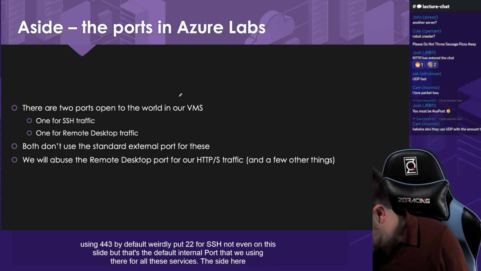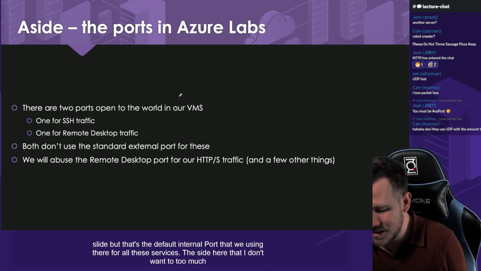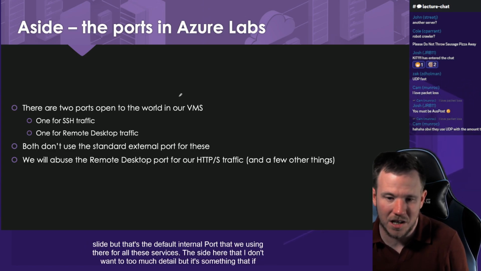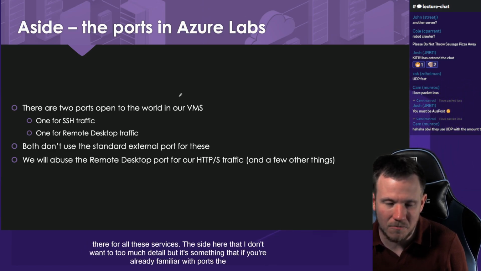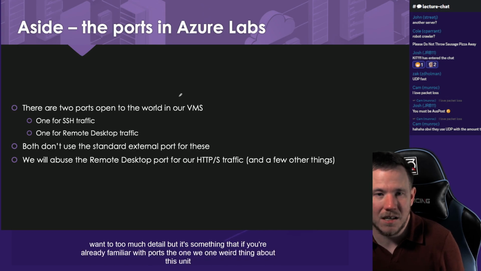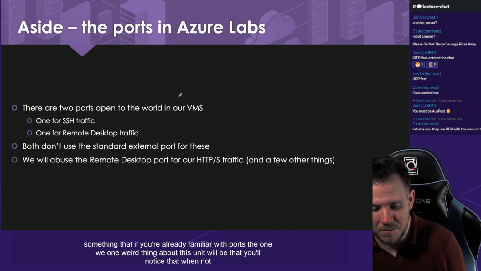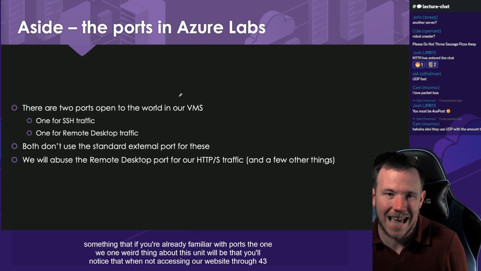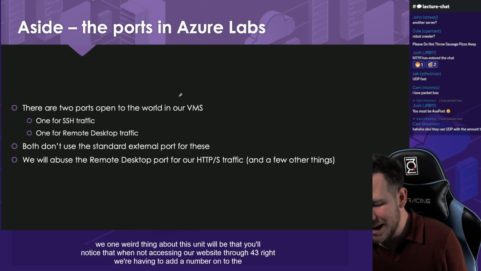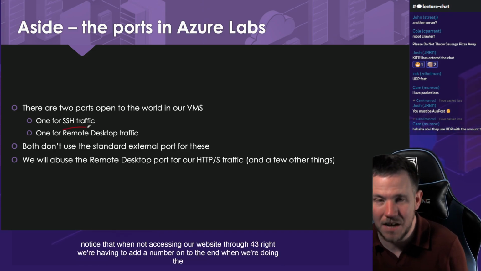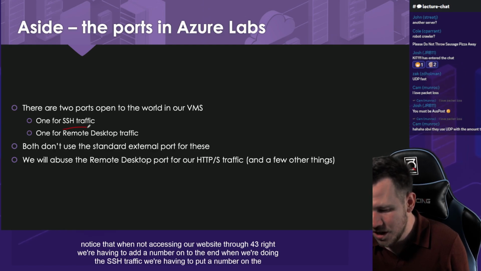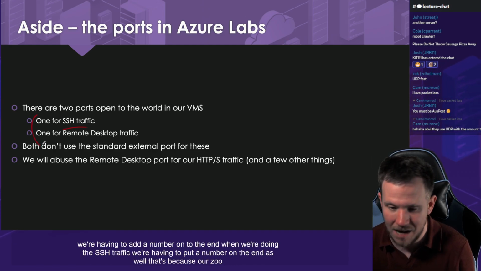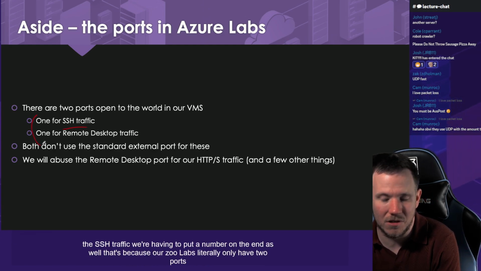The aside here that I don't want to go into too much detail on, but if you're already familiar with ports, the one weird thing about this unit is that you'll notice we're not accessing our website through port 443, right? We're having to add a number onto the end. When we're doing the SSH traffic, we're having to put a number onto the end as well. That's because our Azure labs literally only have 2 ports open to the world.